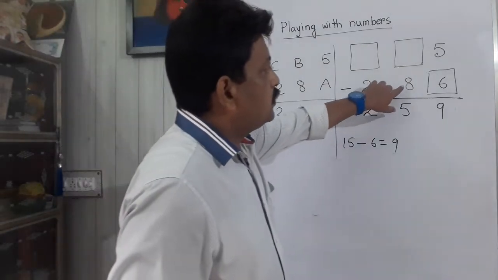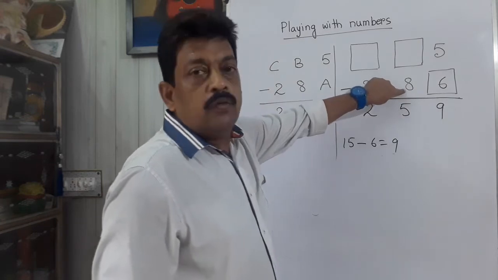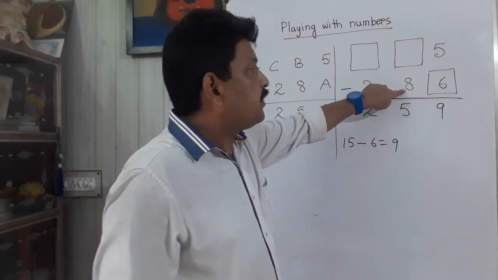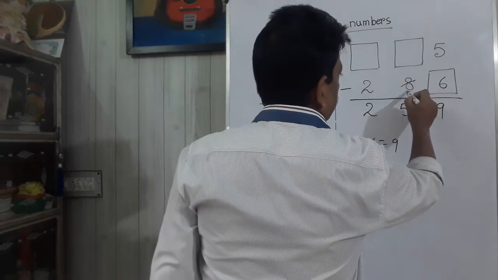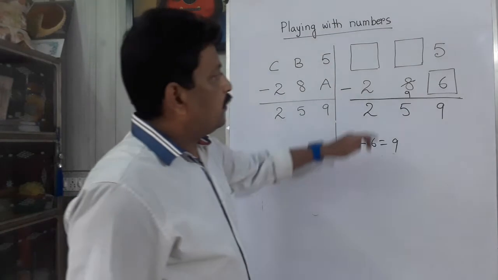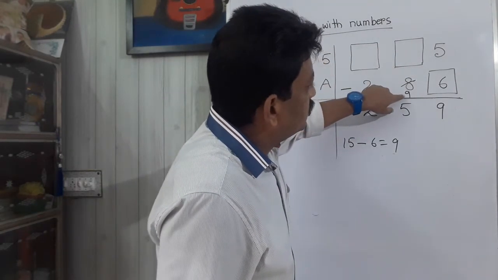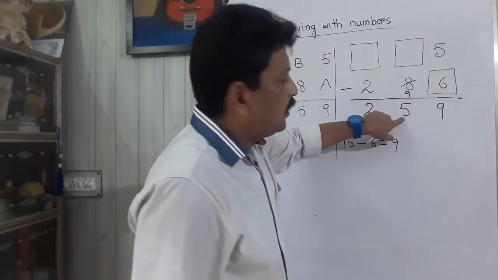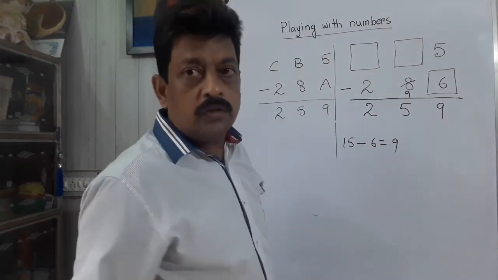Now, since this has been made 15, that means 1 will be added to this number. It will become 9. Okay. Now, which number, when 9 is subtracted from it, will give us 5? There is no such one digit number.